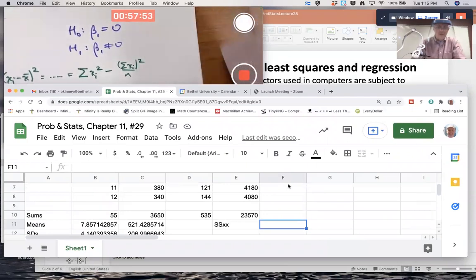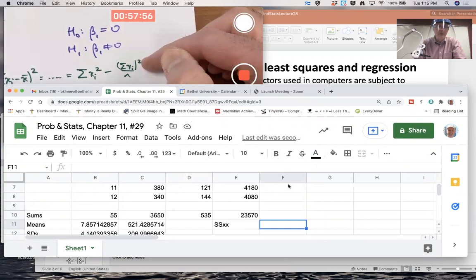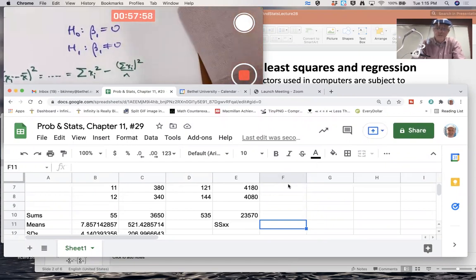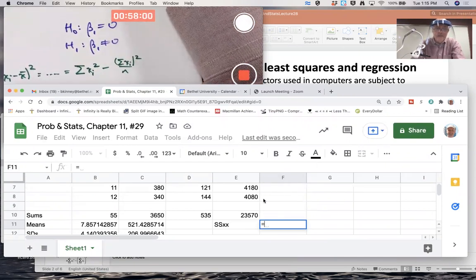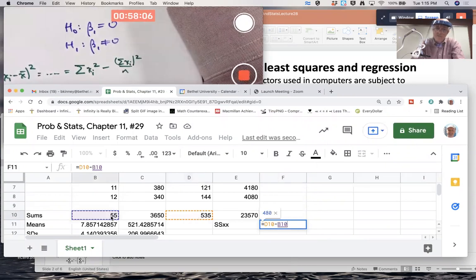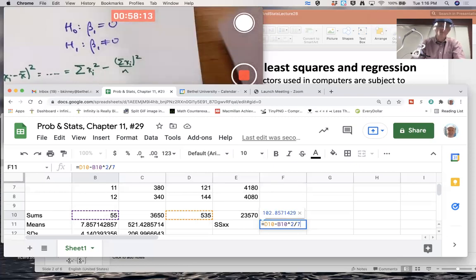Looking up here at the same time I type, I need the sum of the x squareds, that's in cell D10, minus the sum of the x's quantity squared, this 55 needs to get squared, divided by n. N was 7 here, the sample size. So it looks like the observed value of what I'm calling SSxx is going to be 102.857.